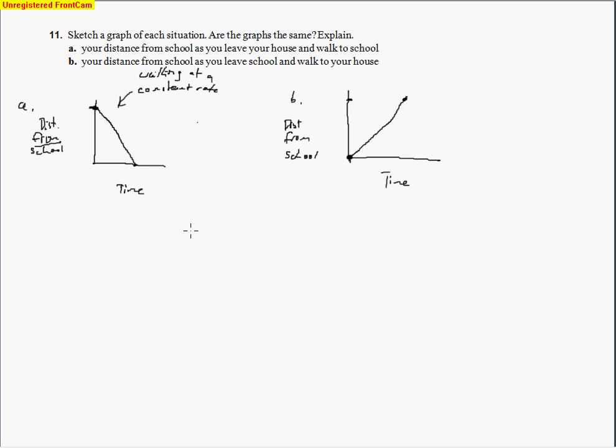And so this is different in that they're not the same. And the reason is we can say that no, one decreases because it's the distance from school, and that's this one here.